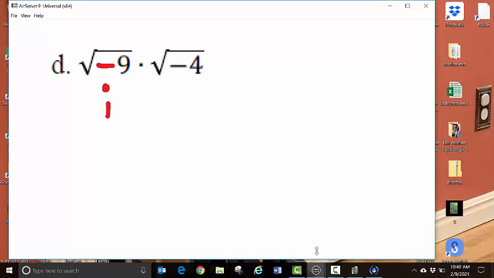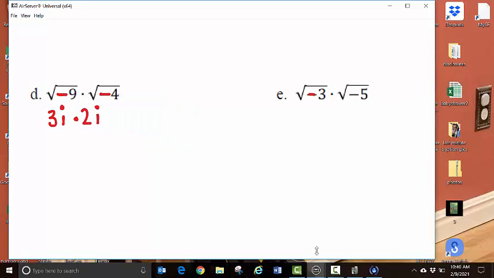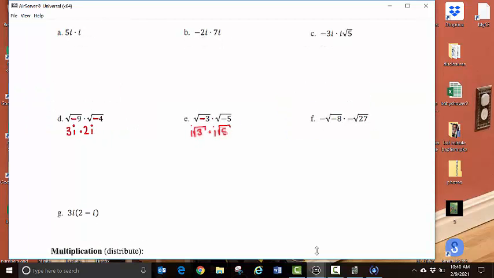What's the square root of 9? So that's 3i. This negative becomes an i, and the square root of 4 is 2. Let's see. Square root of 3 is a decimal, so this is just i, the square root of 3. And square root of 5 is a decimal, so this is just i, the square root of 5. Okay, this one, I will tell you, is negative 2i, the square root of 2, if you made a tree.